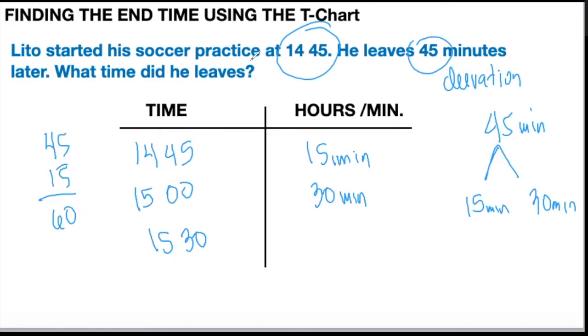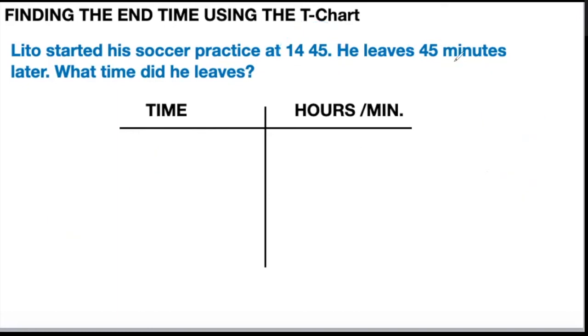We can also change the 14:45 hours into the 12-hour format. So instead of writing 14:45 hours, we can also write 2:45 p.m. It's 2:45 p.m. because it already passed the 12-hour time.